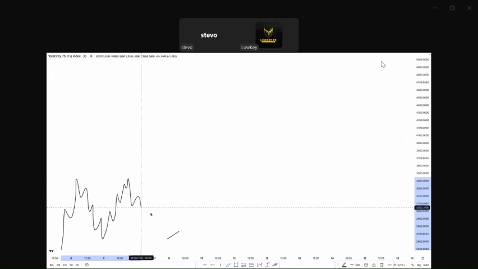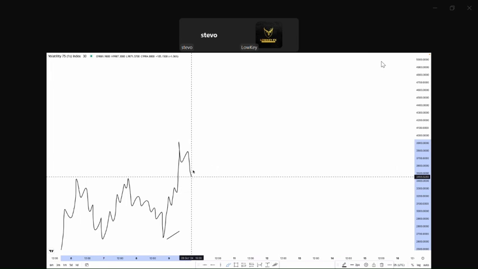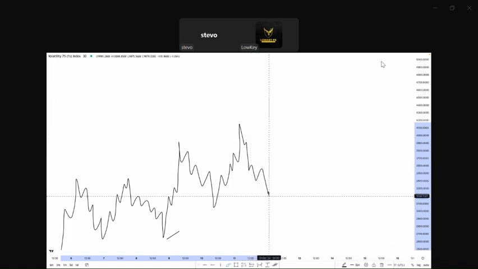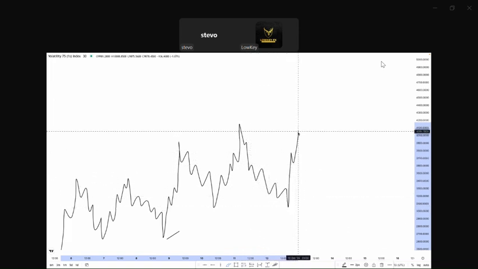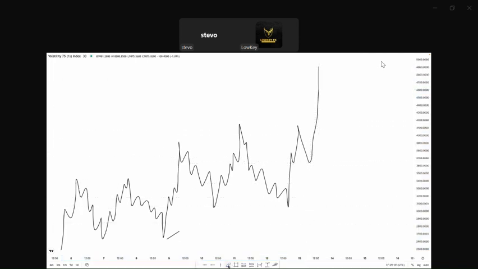Let's say this is our uptrend. So let's check out our main and major structure retest.